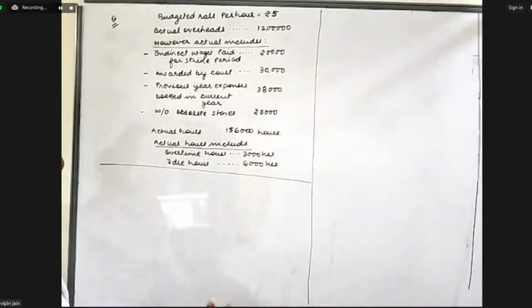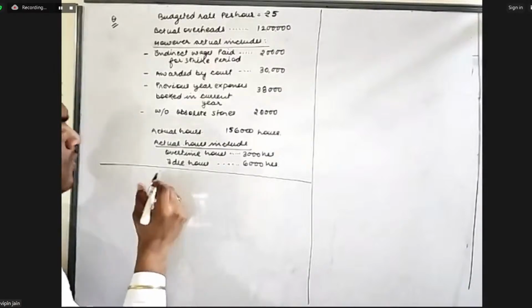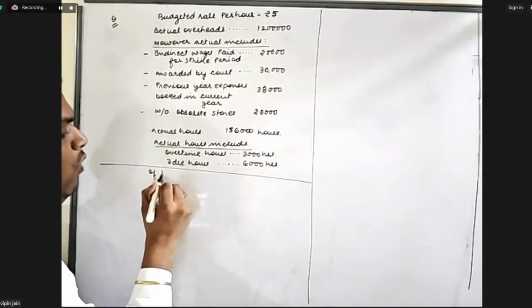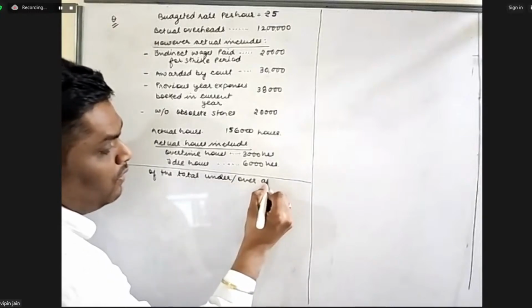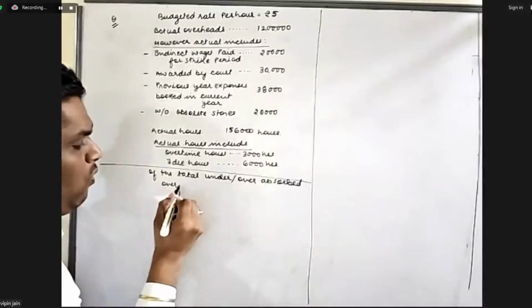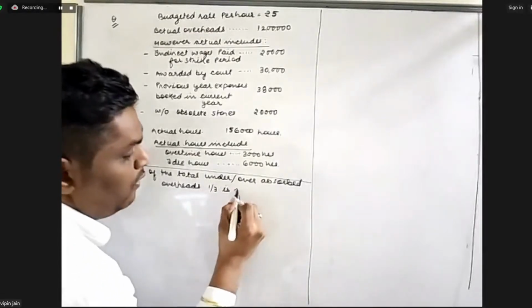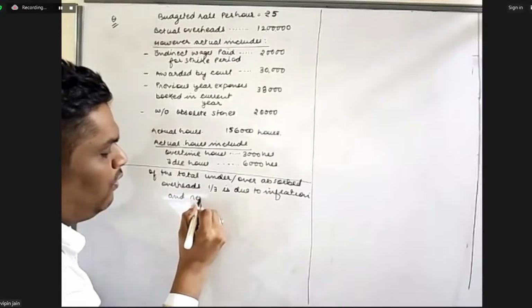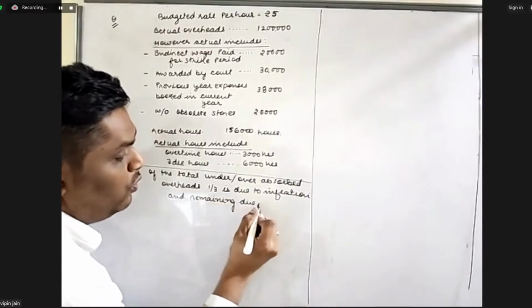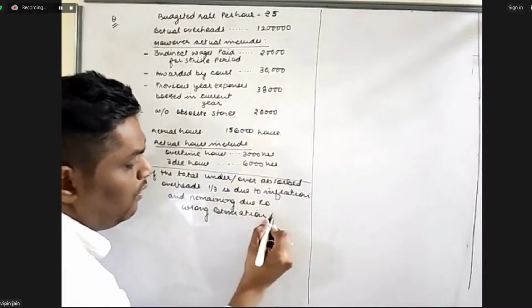Further, additional information is given wherein of the total under or over absorbed overheads, one third is due to inflation and remaining due to wrong estimation by management.